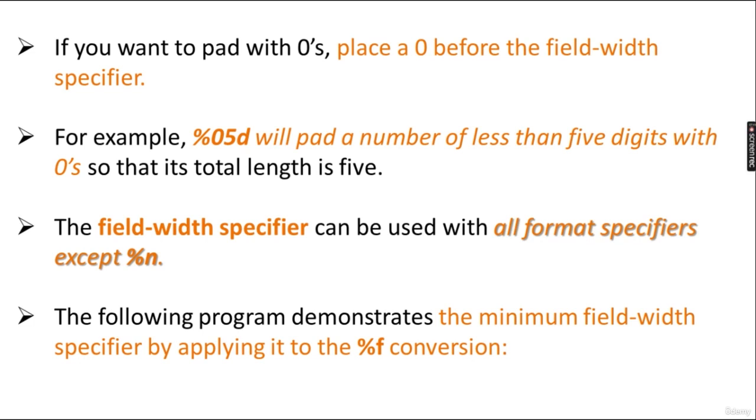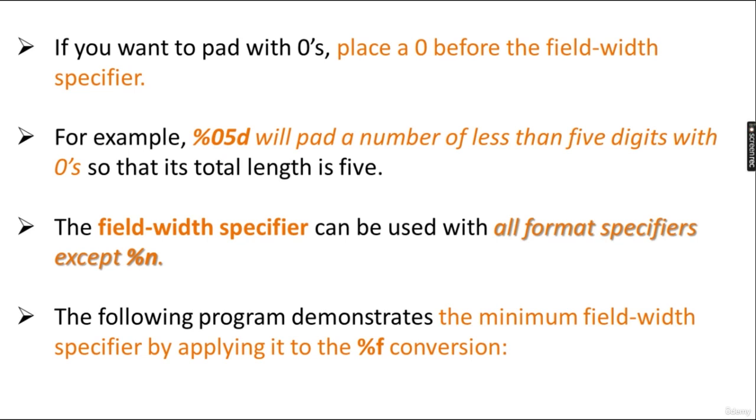So it will be 0.320 if you specify 0 instead of spaces, or if you do not specify 0, only %5d, it will be placed as 0.32 followed by a space. So that the total length is 5. The field width specifier can be used with all format specifiers except %n, because %n is not for the replacement of a value. It is just for inserting a new line character.